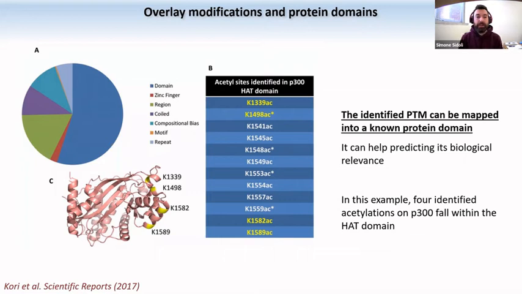You can tell if it's within a certain active site of a protein, within regions necessary for interaction, or within a specific motif that you know is important for something. This is just an example with protein acetylation. You can do it with any modification.